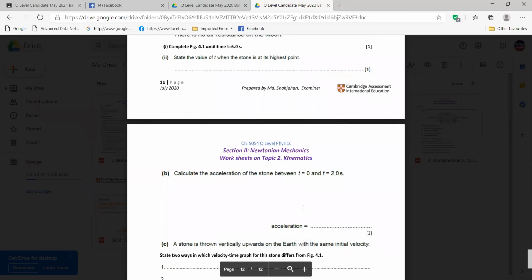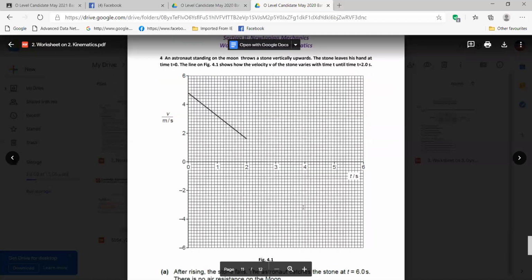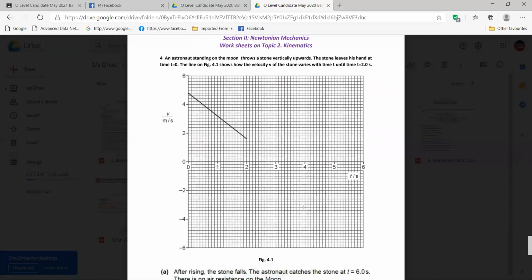Sir, I have one question. Sure. At first I thought the graph would be V-shaped. Yes, that happens for students. As I said, it's not a speed-time graph.